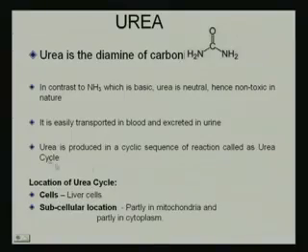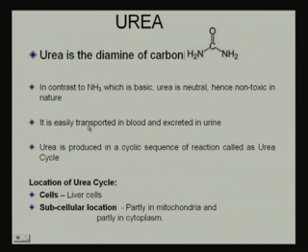Now, if we see the structure of urea, it is the diamide of carbon, a very simple structure, that is, two amino groups attached to the C=O. In contrast to ammonia, which is basic in nature, urea is neutral and hence non-toxic.